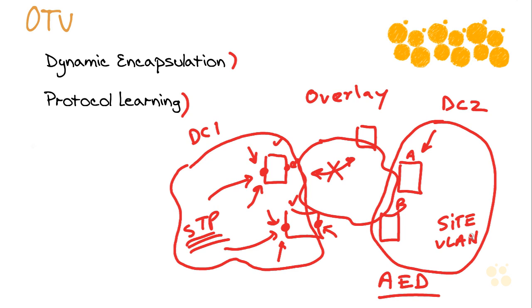The site VLAN should be carried on multiple layer 2 paths internal to a given OTV site in order to increase the resiliency of the internal adjacency. It's interesting to note, of course, as its name implies, this site VLAN is not carried into the OTV network.